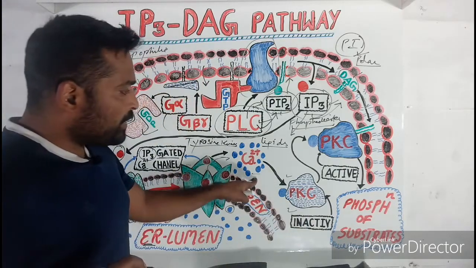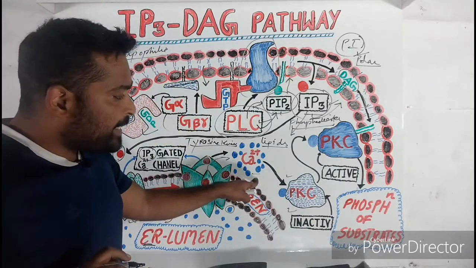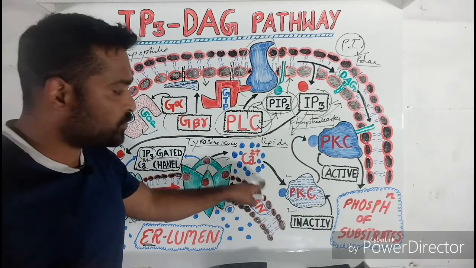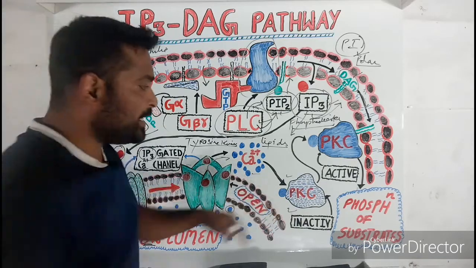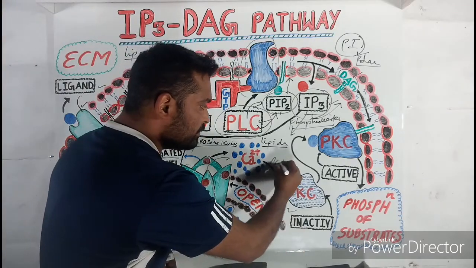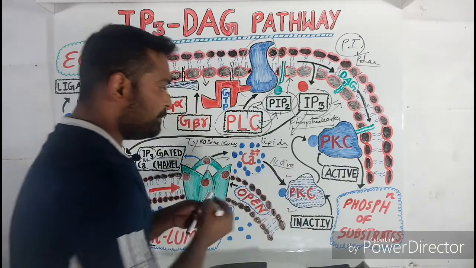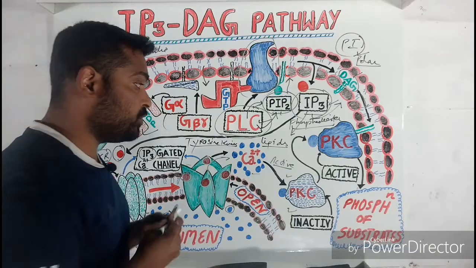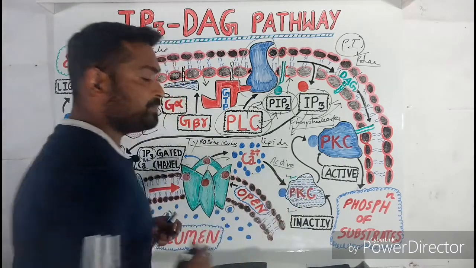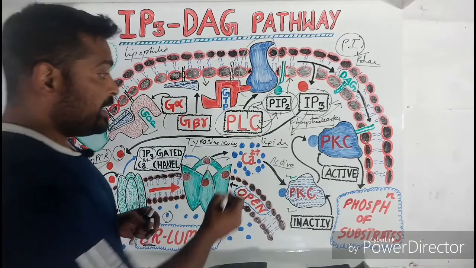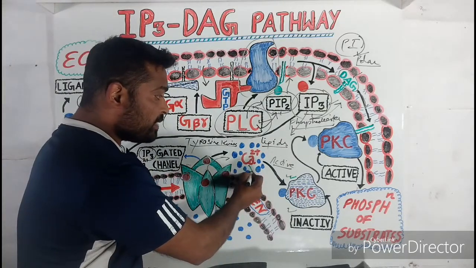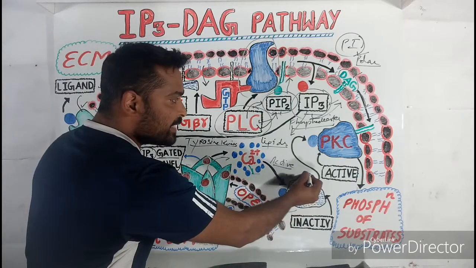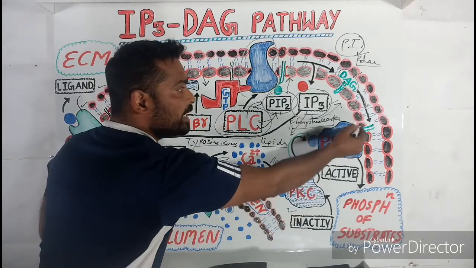So the calcium ions bind to the PKC, but the binding of the calcium ions to the PKC is not making the enzyme active. The binding of the calcium ions is not resulting in the activation of this PKC enzyme. Instead, the function of these calcium ions is that they bind to the PKC and take this enzyme to the cell membrane.